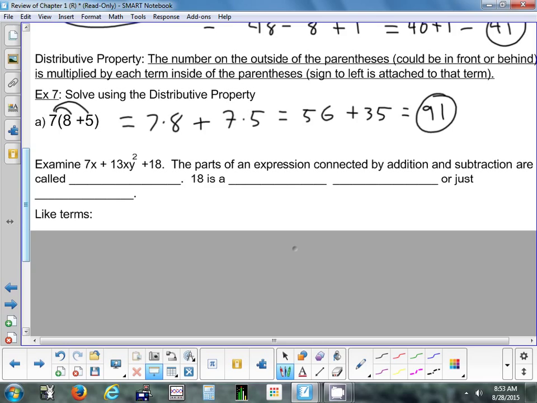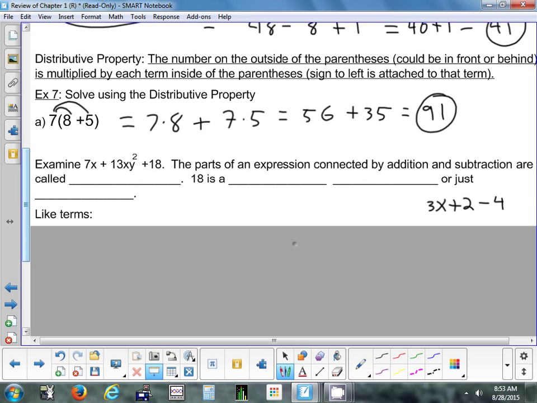All right, and I think we're getting almost towards the end here. So last thing is a few different terms. The parts of an expression that are connected by addition or subtraction signs are called, anybody know? And actually the word is on the board there somewhere. Like if I had something like 3x plus 2 minus 4y, there's 3 blank.